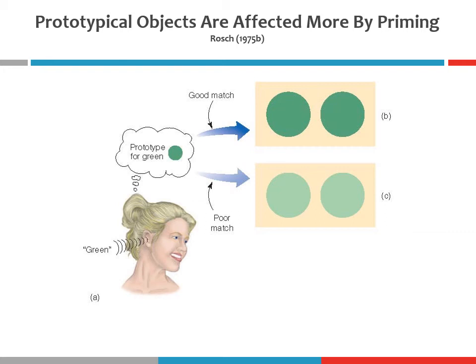Okay, so these results support the idea, again, that participants create images of good prototypes in response to color names, right? So when they hear the color green, in their mind, they pull up a prototype for the color green and compare that prototype to the colors that they see. And if the colors that they see match the prototype, that comparison is easier than if they don't match the prototype, or if they're a poor match to the prototype.